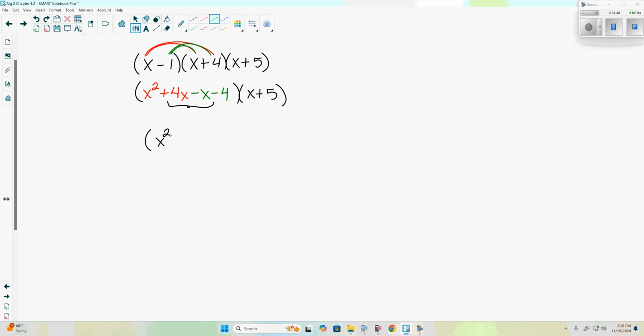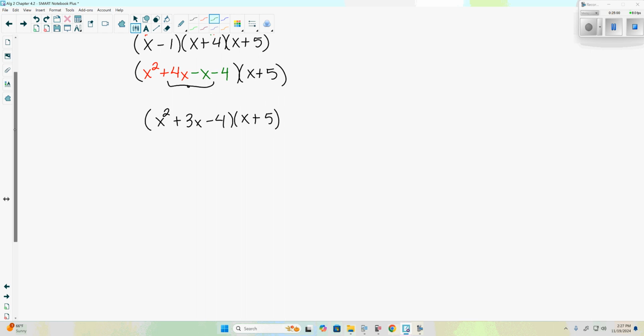Well, 4x minus x is 3x. This will still give us the same answer if we left it as 4x minus x or combined it to 3x. I think it'll be a little bit easier to leave it as 3x.